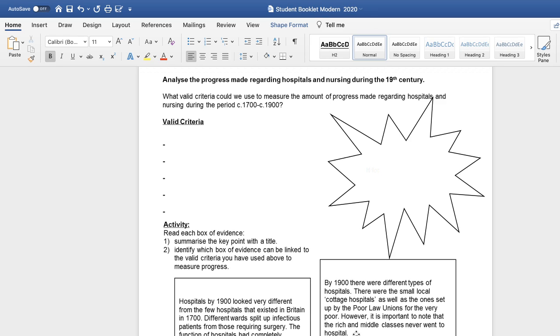Now, we've always given you your valid criteria for medicine: saved lives, improved medical knowledge, eradicate disease, public health, etc. But what I want you to do is bullet point what you think good nursing and good hospitals look like. What does it mean to have good hospitals?